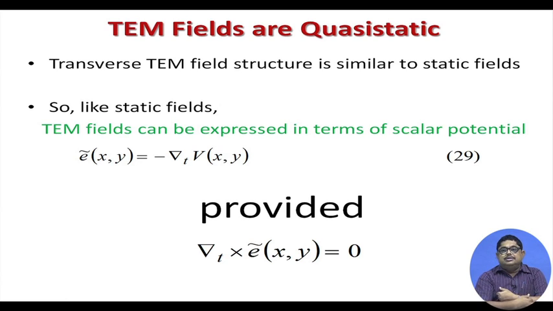Quasi means it came from some foreign language, I do not know, but quasi means similar. So, quasi static, like static fields. So, TEM fields can be expressed like the electrostatic field. Now, for an electrostatic field, we know that we can define a scalar potential.